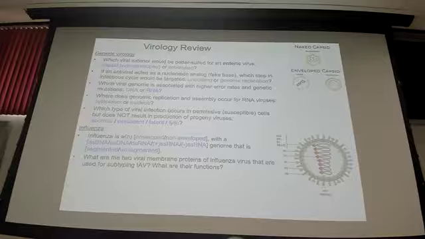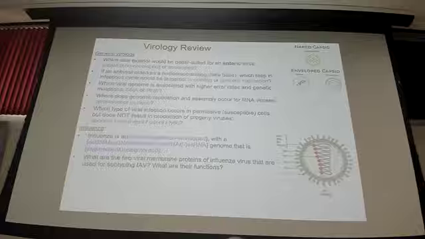Hemagglutinin, or H, yeah, and the other one, what was the other one? Neuraminidase, yeah, good. And in terms of functionality, what does hemagglutinin do for influenza? Yeah, it's the glycoprotein that binds to its host cell receptor, which is what? Sialic acid, very good. And then neuraminidase, what's its function for the virus?